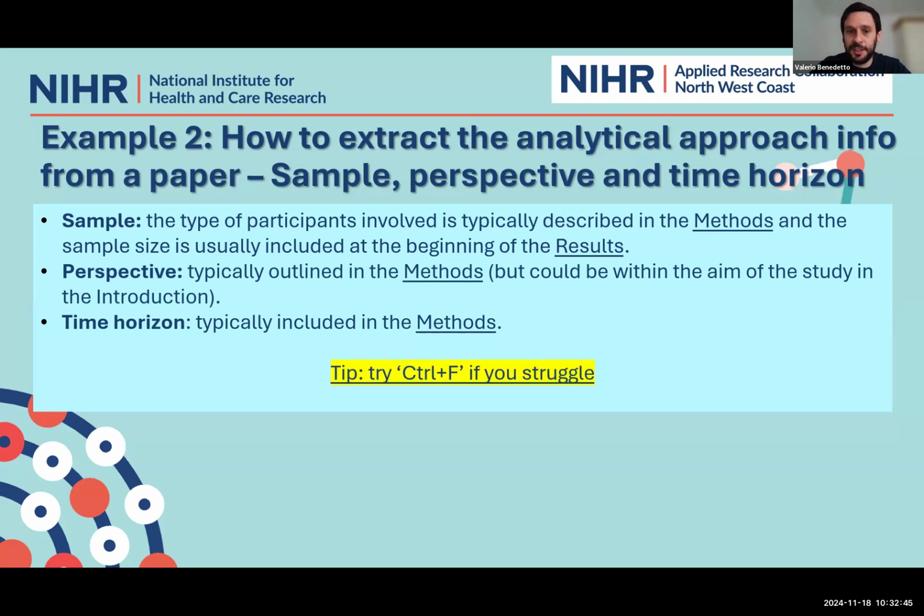If you struggle, just do a quick search, for example, perspective or horizon, and any good economic evaluation will include the term perspective within it. So I know it sounds very basic as a method, but if you struggle to find information, just do a Control F, a quick search, and you will find the term perspective somewhere in the method, or the term time horizon somewhere in the method.